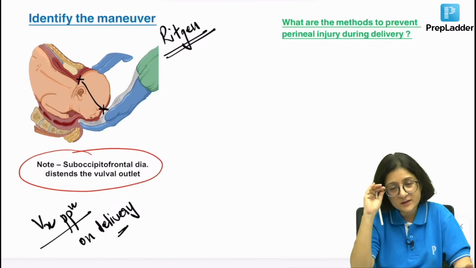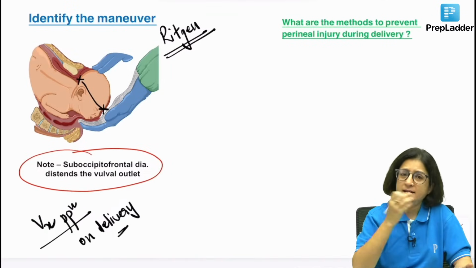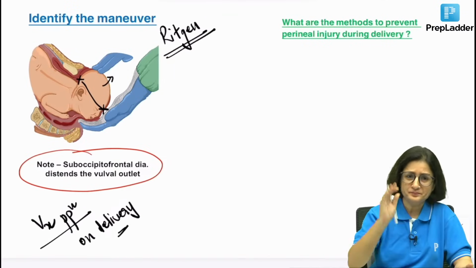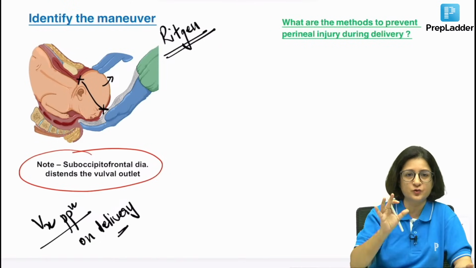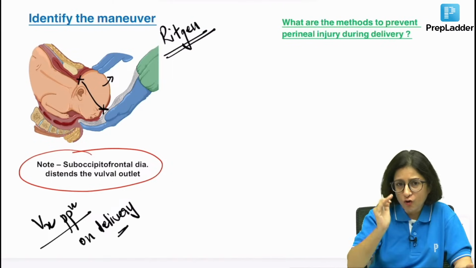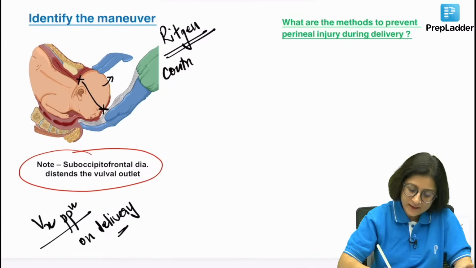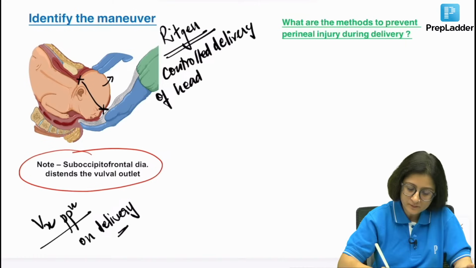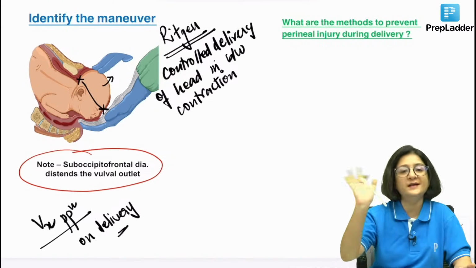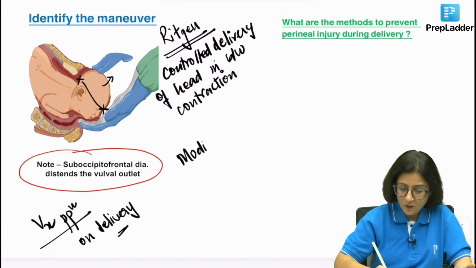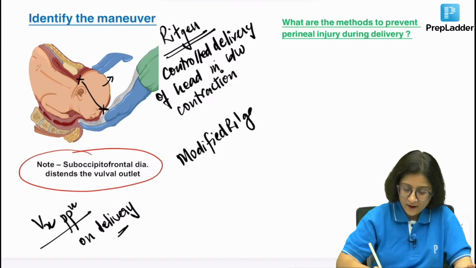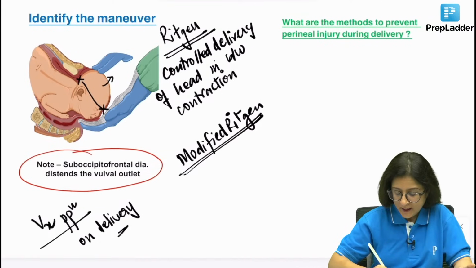This is the maneuver that we use to deliver the head by extension, right? Because the head has to deliver by extension. So we obtain controlled delivery of head in between contractions, right? This is what originally Ritgen said, and now we have something called modified Ritgen, in which we perform this maneuver with contractions.